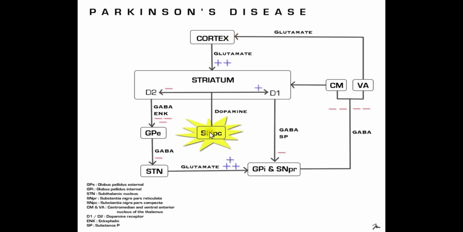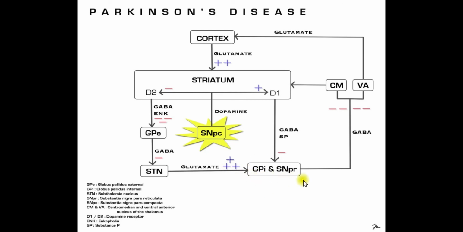Okay, the same thing works through the indirect pathway. If you have less dopamine, you're going to inhibit the D2 receptor less. That means it's going to put out more GABA to inhibit the external segment of the globus pallidus more. So it's going to put out less GABA, less inhibition of the subthalamic nucleus. So then it's going to put out more glutamate to stimulate the internal segment of the globus pallidus.